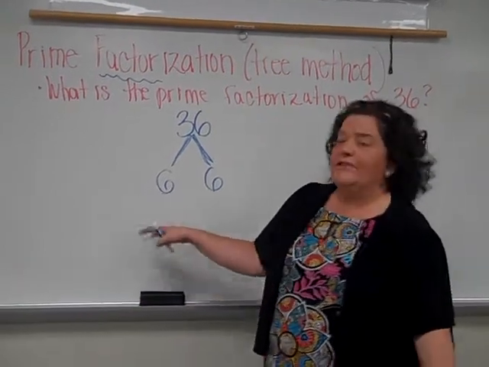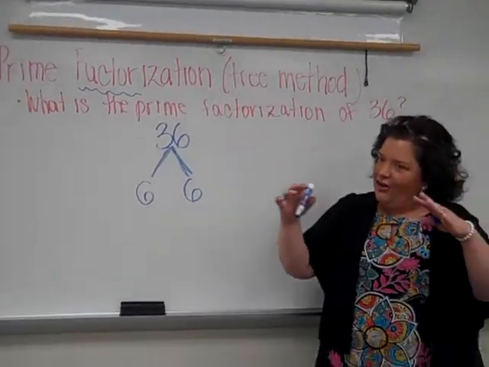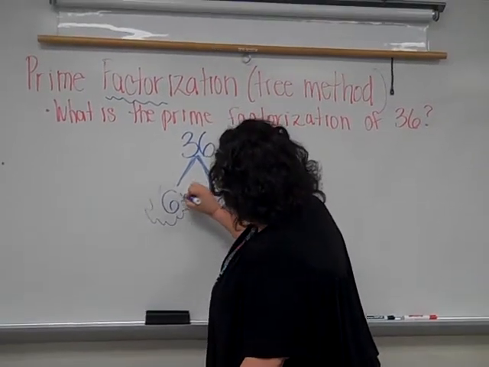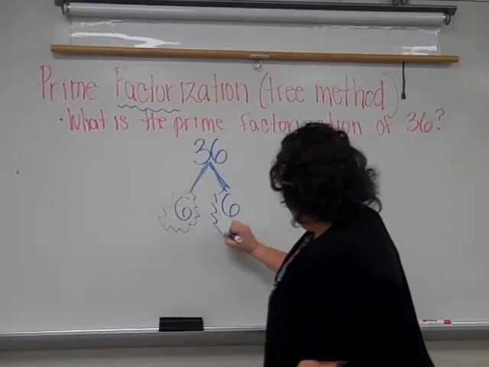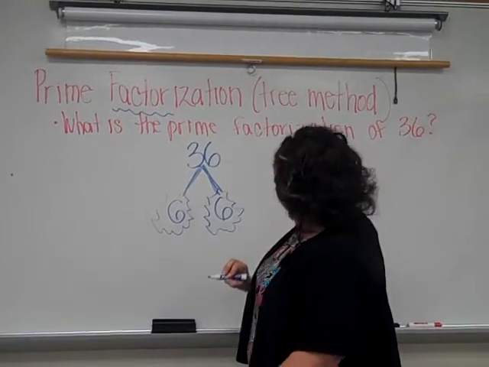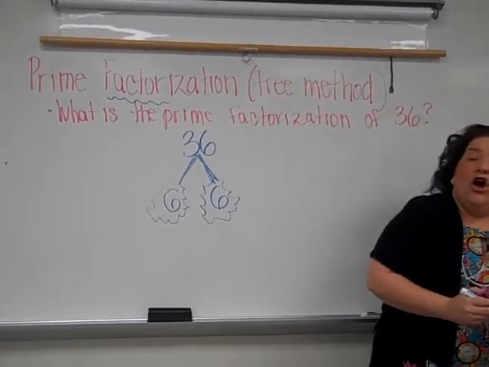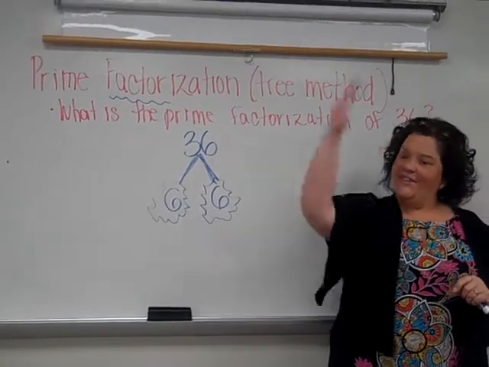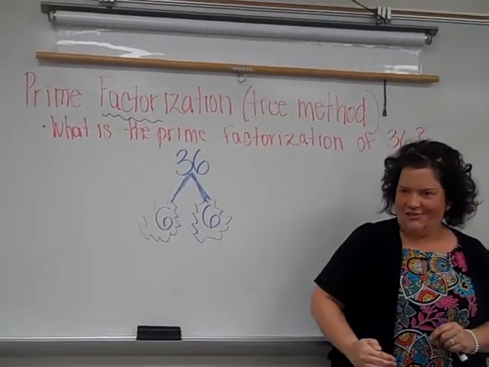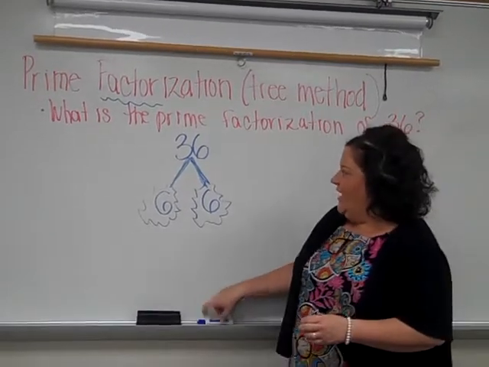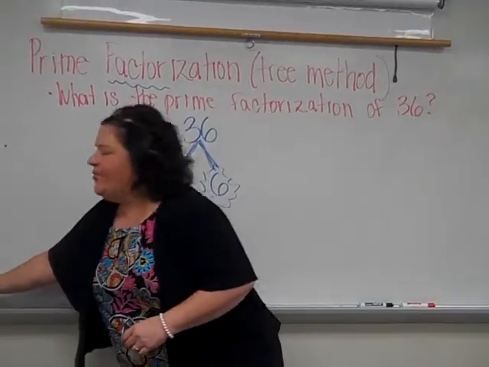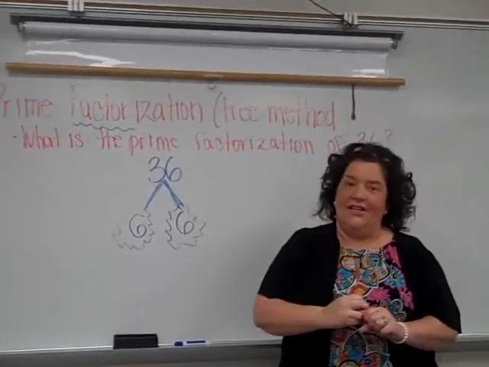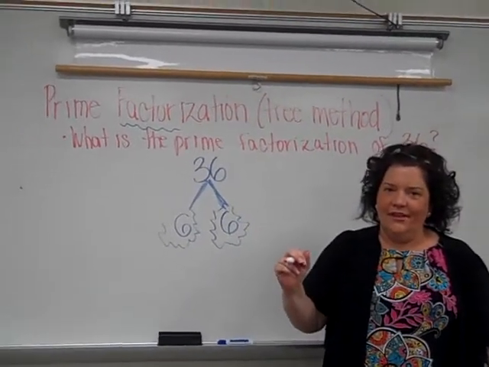Once you get to this point, whichever tree leaves you have, this is my tree leaf, it kind of looks like a cloud, but whatever. Whatever factor pair you come up with, you have to continue listing those factors. So we came up with 6 and 6. Who can tell me what the factor pair is for 6? And you can blurt it. 3 times 2.